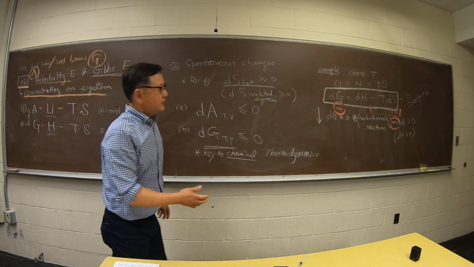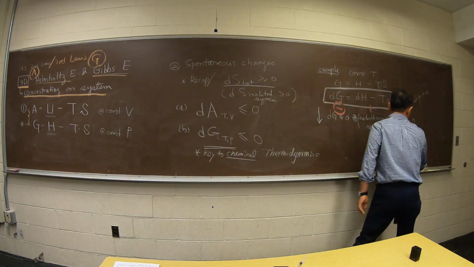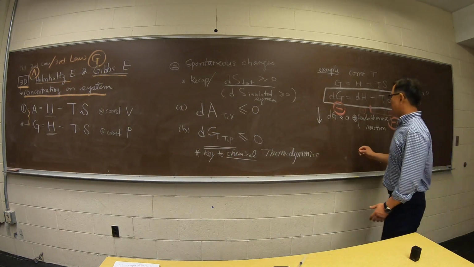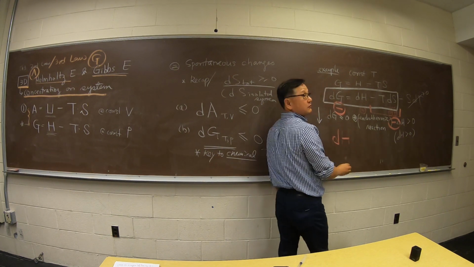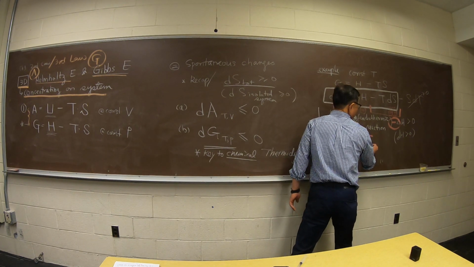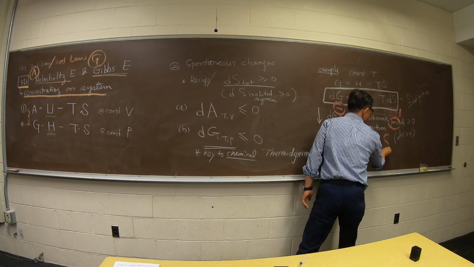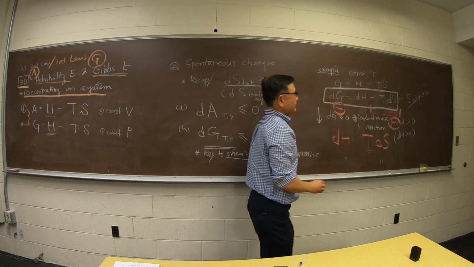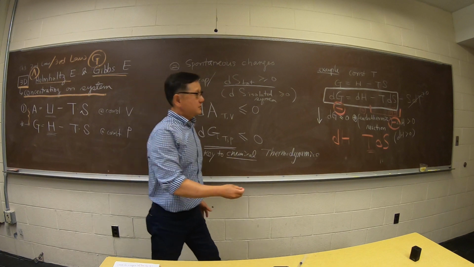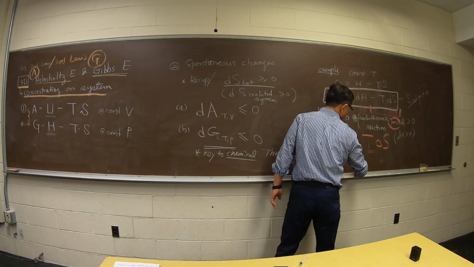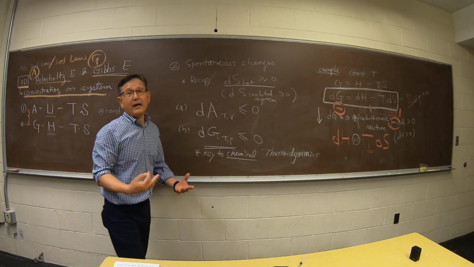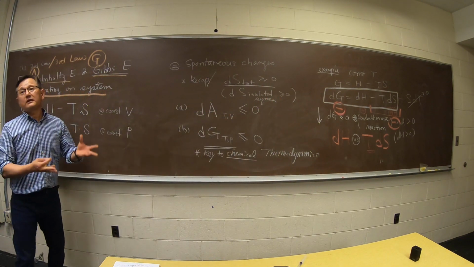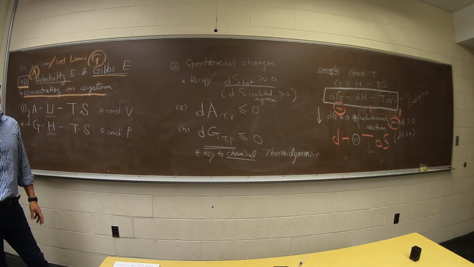So in a way, you want to develop this concept, which is a balance between the heat transaction and the entropy change multiplied by temperature. It is a battle between these two as to whether it's going to happen or not, and that's really the balance that you need to figure out.